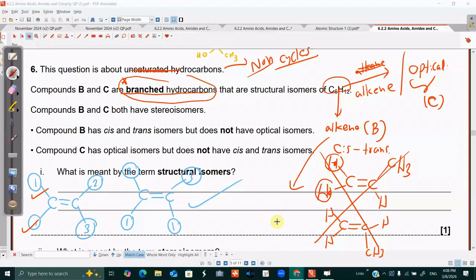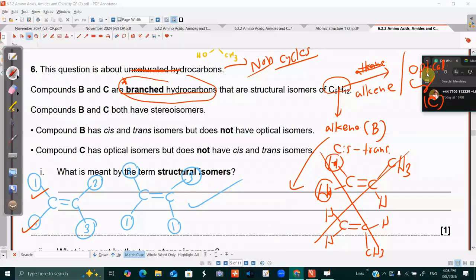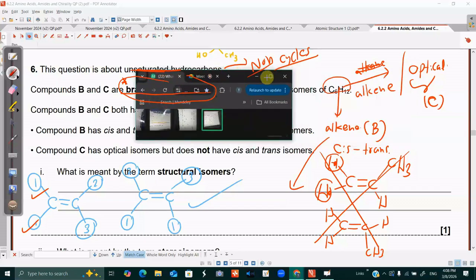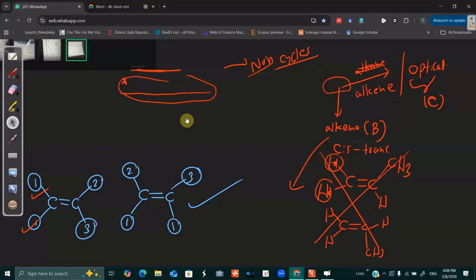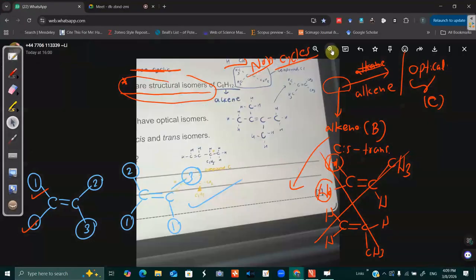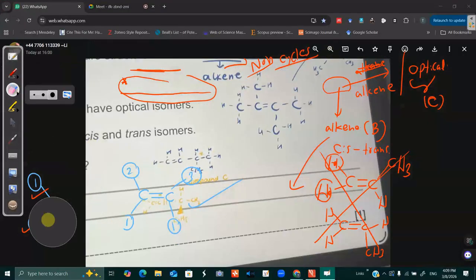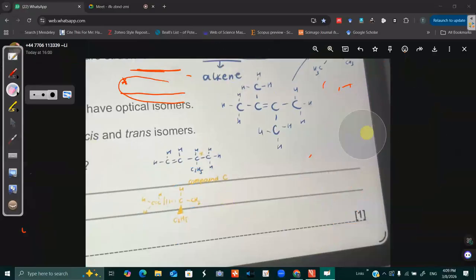Yeah, so you're saying that my structure has... I'll show you. So here in your answer, now you are saying this is compound B, right?